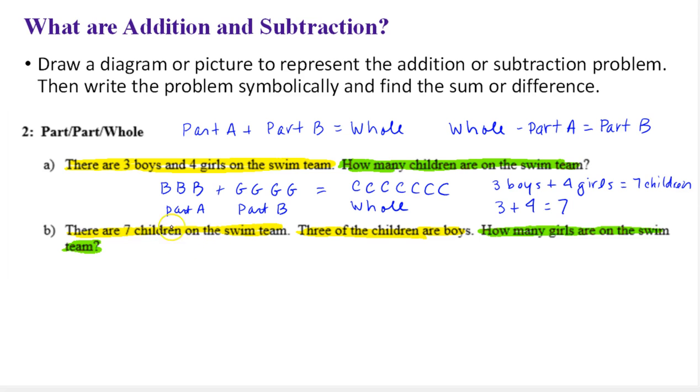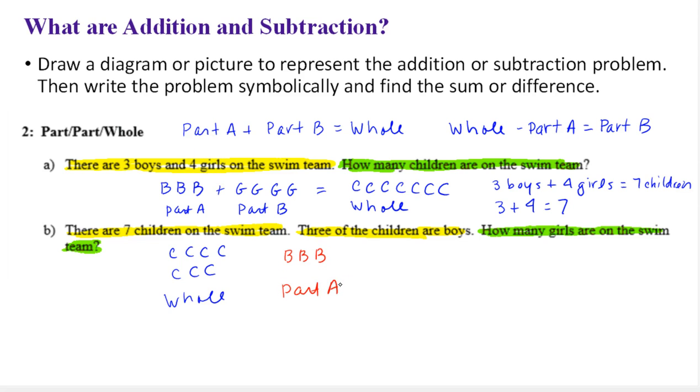Okay, so the swim team, the 7 children are our whole. So let's start with the whole. We have 1, 2, 3, 4, 5, 6, 7. Okay, and we're told that 3 of the children are boys. So let's see, I'll write 3 boys. So this is a part.